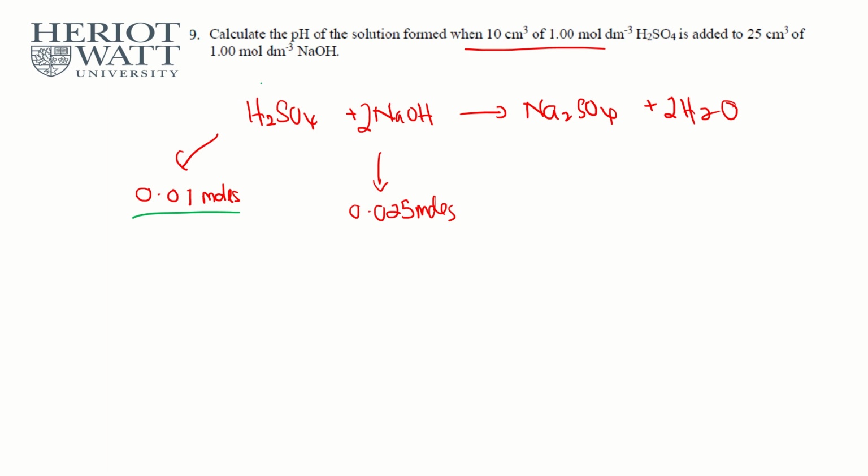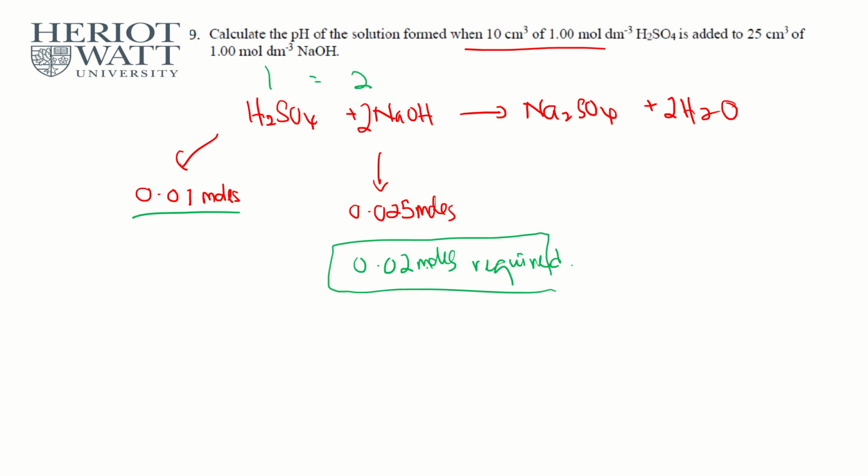So 1 to 2 ratio. 0.02 mole of NaOH is required. Are you okay? 0.02 mole of NaOH required, but how much do we have? 0.025. Right? So we have an extra of 0.005.